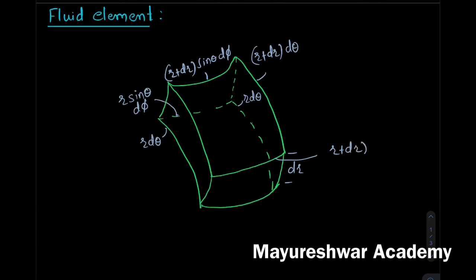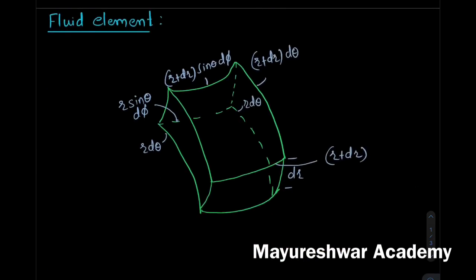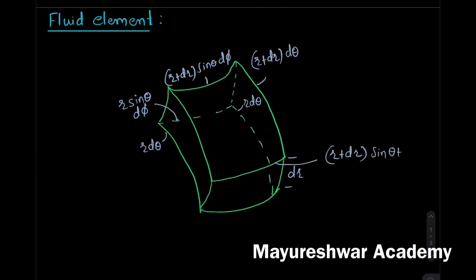Similarly, this is going to be r plus dr. Now that angle is also added, so theta plus d theta. Try to imagine this: sine of theta plus d theta times d phi. That's the projection arc length. So this length is r sine of theta plus d theta times d phi. On the bottom we have r, on the top we have r plus dr, whereas on this side we have r plus dr times d theta.